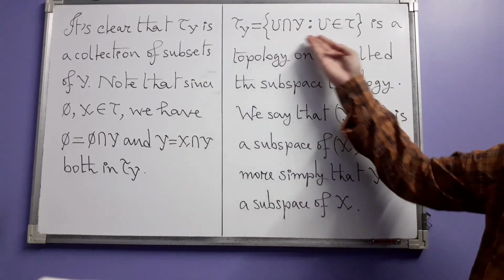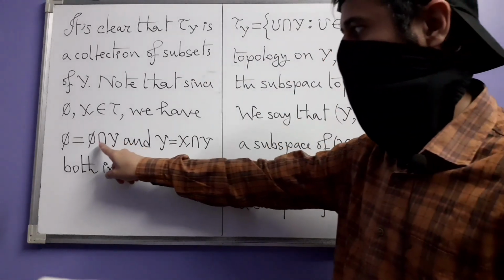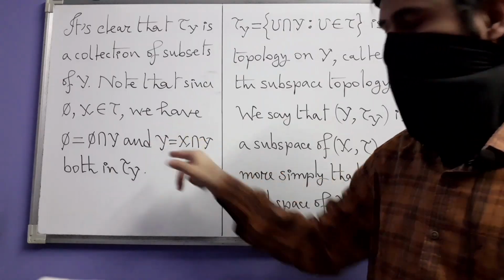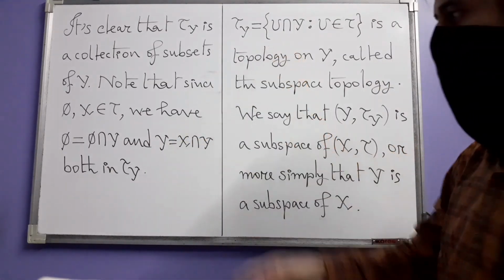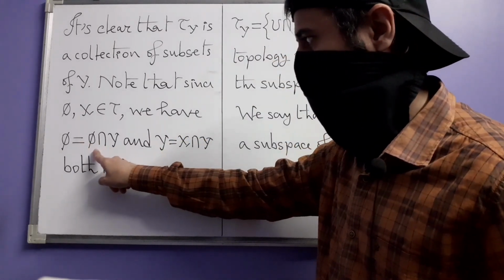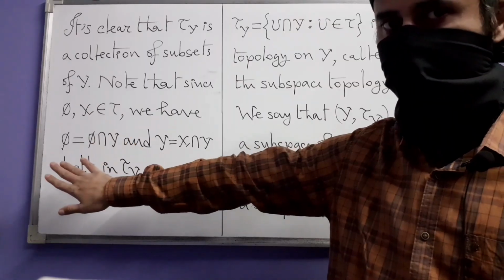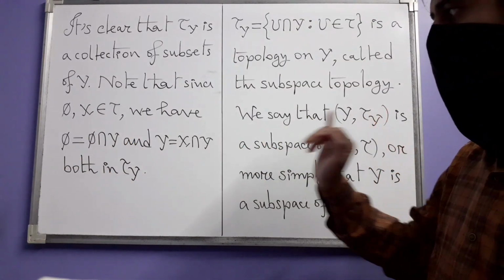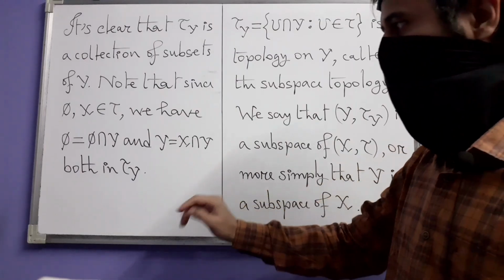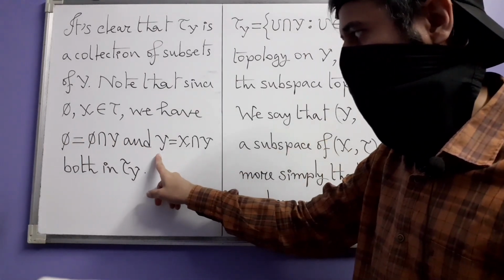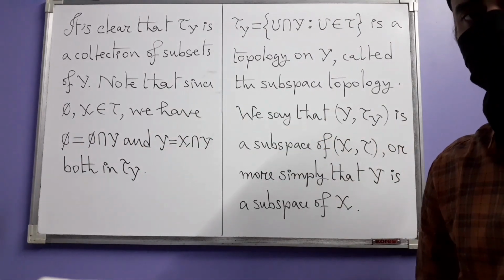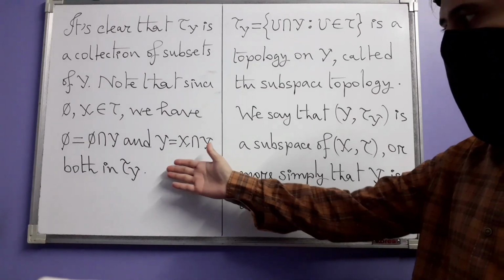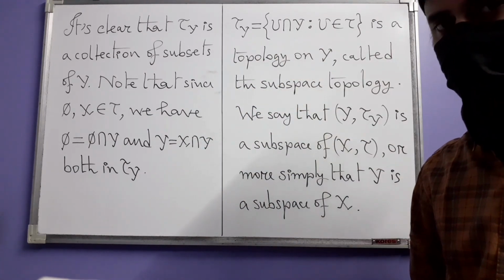So by the definition of the collection tau_Y, the intersections of these sets with Y will belong to this collection, that is the empty set intersection Y, which is the empty set, and X intersection Y, which is Y. So that way the empty set and Y are both inside the collection tau_Y. This is one of the conditions for tau_Y to be a topology.